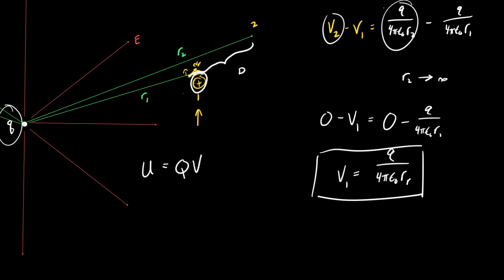So if I place charge Q here, the potential energy that particle had would be Q times Q over 4 pi epsilon naught R1. That's how much potential energy it would have there. If I let it go, isn't it true that all that energy will become kinetic energy? Well, if it all becomes kinetic energy, pretty sure I can figure out how fast it's going when it's far, far away.